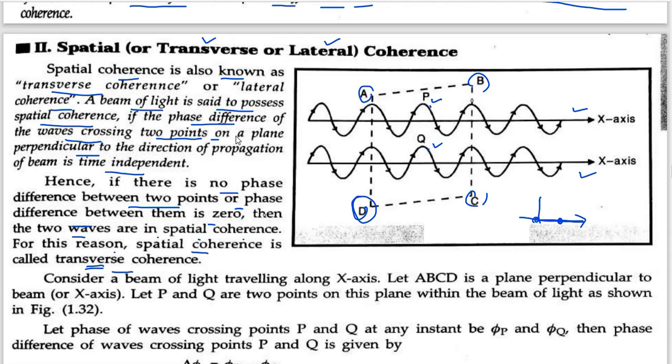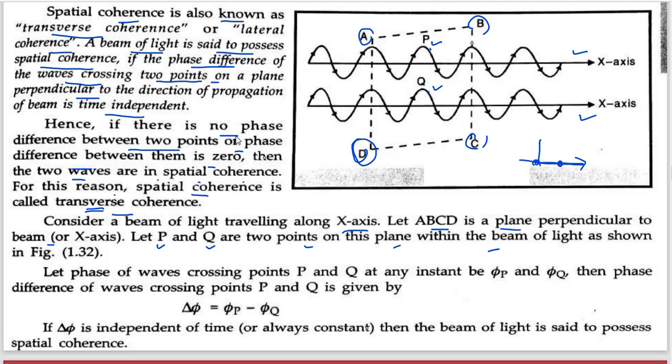So consider a beam of light traveling along the x-axis. Let ABCD be a plane perpendicular to the beam. This is the beam along the x-axis and ABCD is the plane perpendicular to the x-axis. Let P and Q be two points on this plane within the beam of light, as shown in the figure.